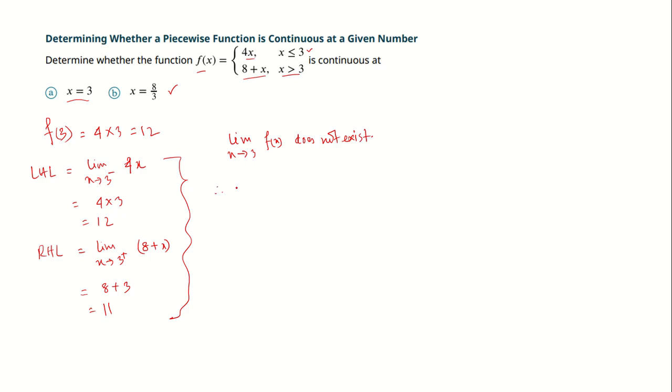So we can say f of x is not continuous at x equals 3. So that is the solution of A.